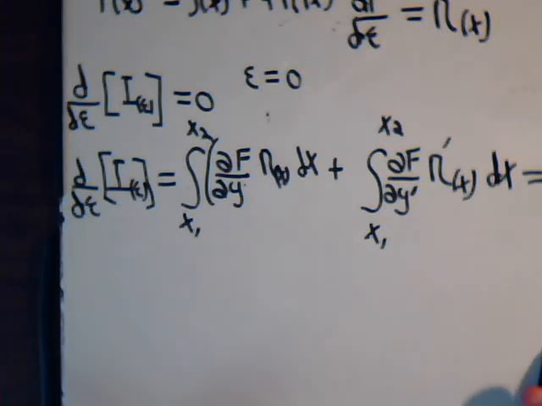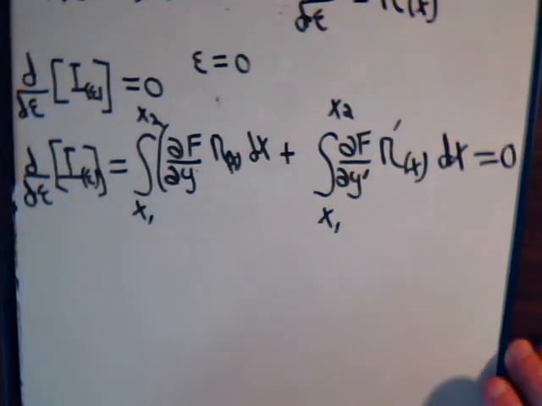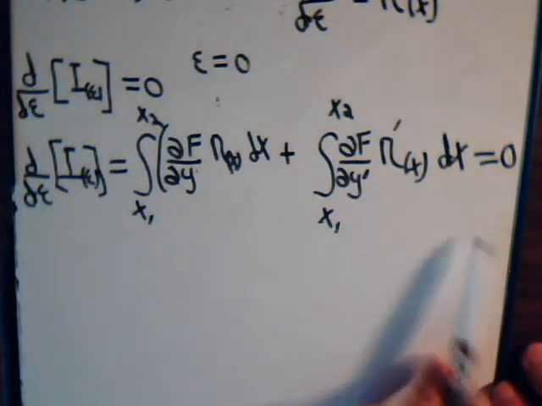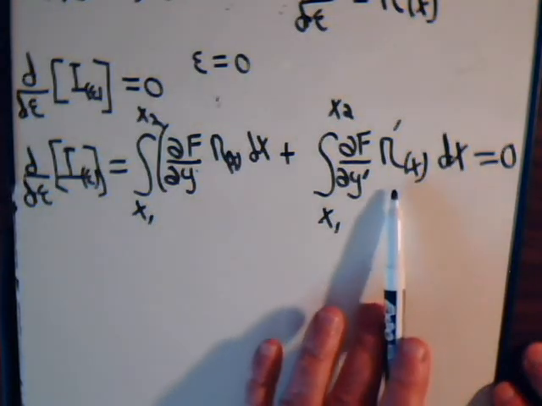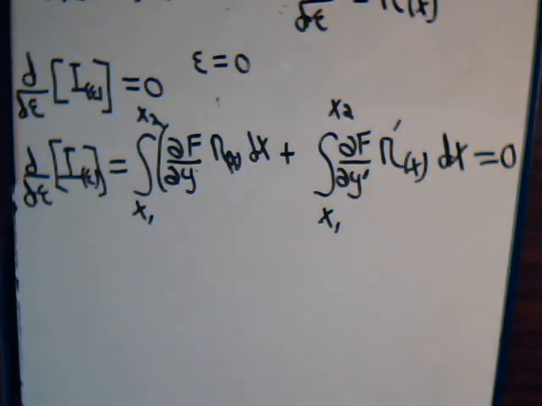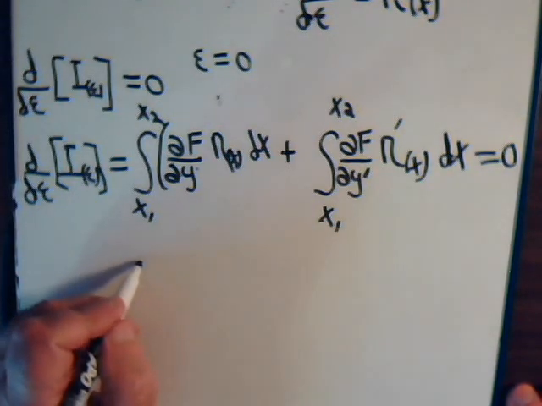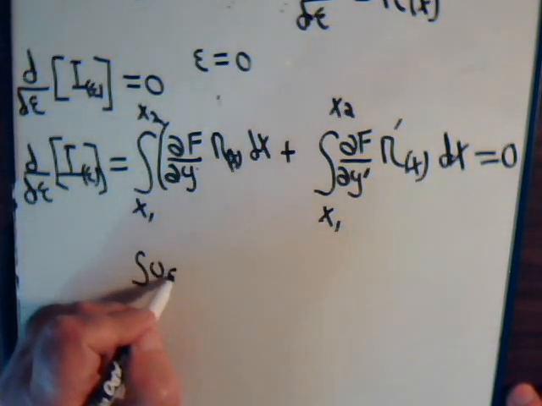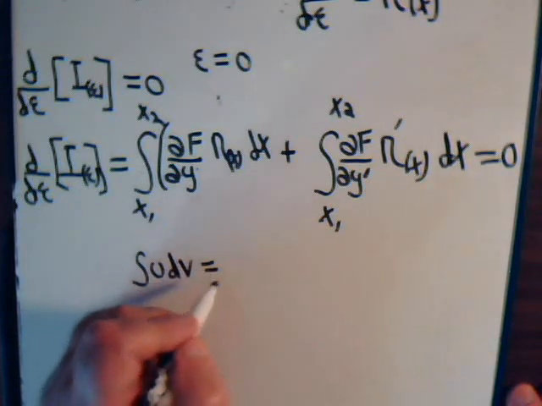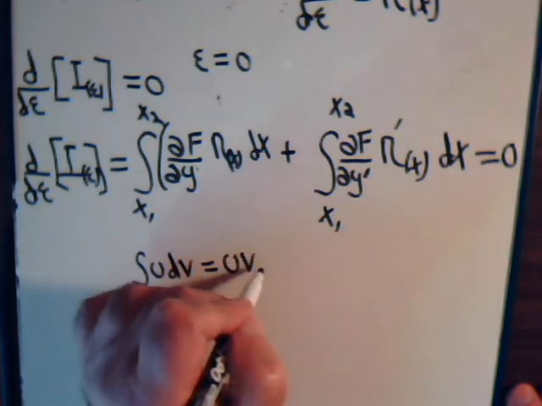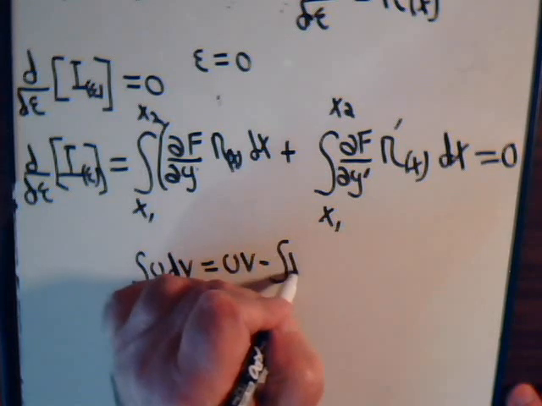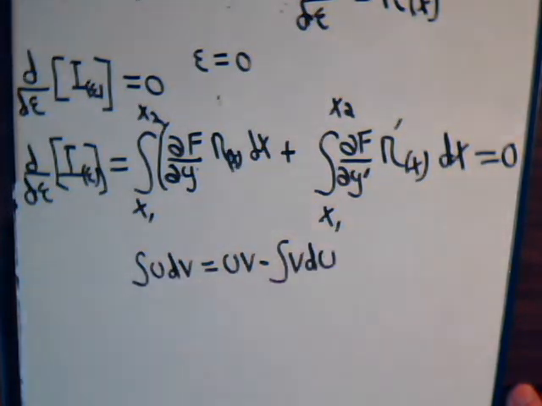Now, let's look at this integral, because it looks like this integral might be set up where we could handle it by considering integrating by parts. So let's see, this is nu prime. Remember how it works when you're integrating by parts. You have the integral of u dv equals uv minus the integral of v du.